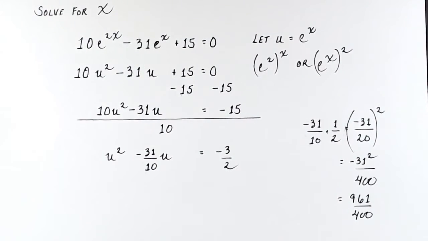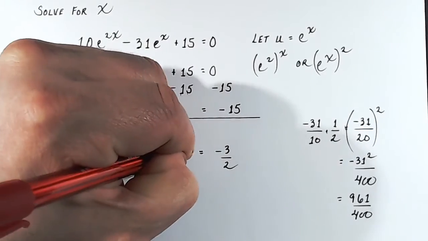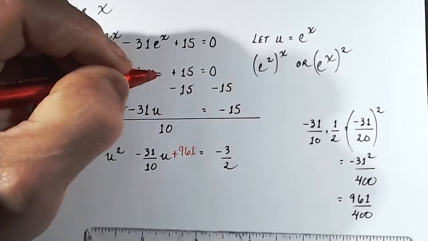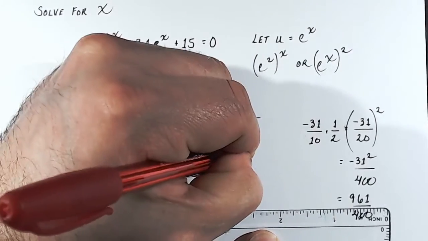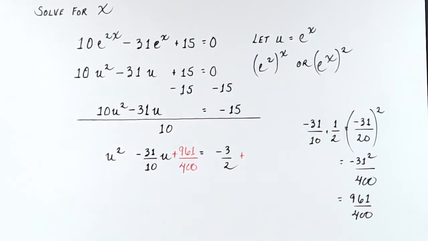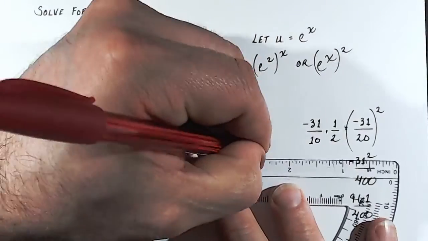And so we always write that in this blank space, plus 961 over 400. And then because we added it to the left side, we have to add it to the right side, plus 961 over 400.